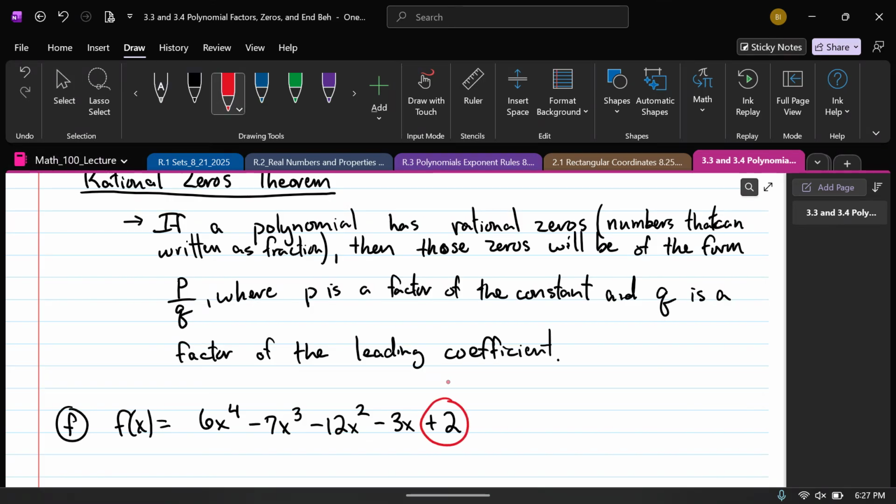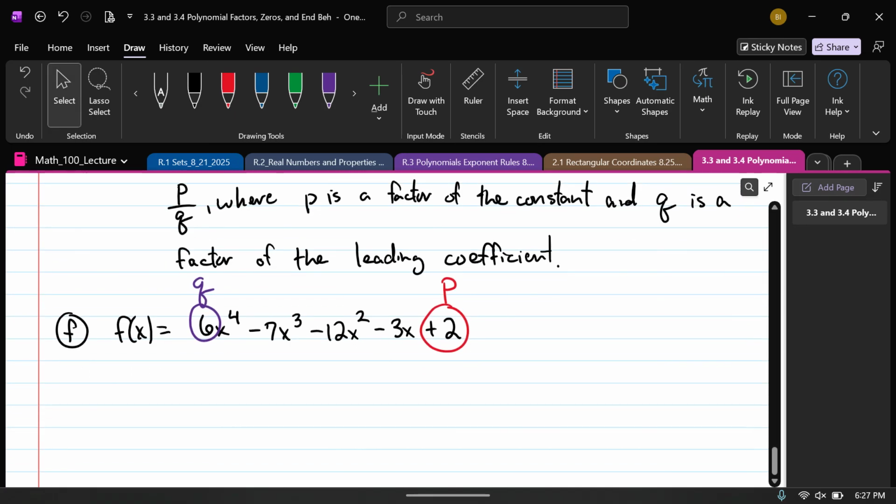This number is P. This number is Q. Now, P is the constant on the end. That's the number that doesn't have a letter. That's what constant means. The leading coefficient is the number in front of the highest power of x. Okay? Now, here's what we got to do to create our possible rational zeros.